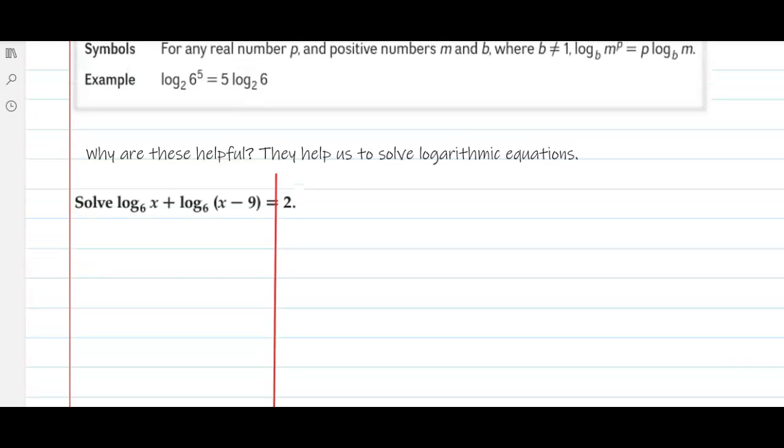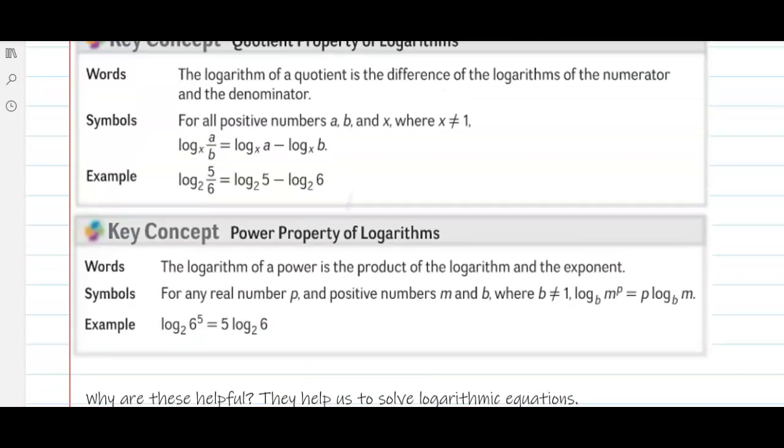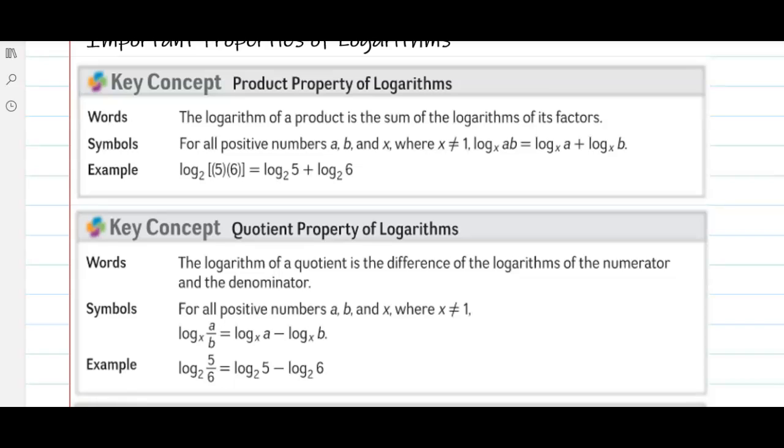So the first thing we need to know is, how do we consolidate these logarithms? And that's where these properties above come in handy. The first one is the product property of logarithms. The product property says that if you have two logs with the same base added together, you can take these quantities and multiply them.